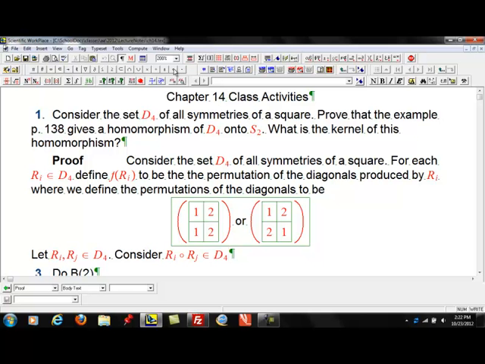Does that make sense? So that means we actually have to look at the table of the symmetries of the square, D4. You guys remember where that is in the book? There's a whole table of those. Oh, I don't remember what page number that's on. I know the S4 was on 70 something, so let's go look there and see. 73?